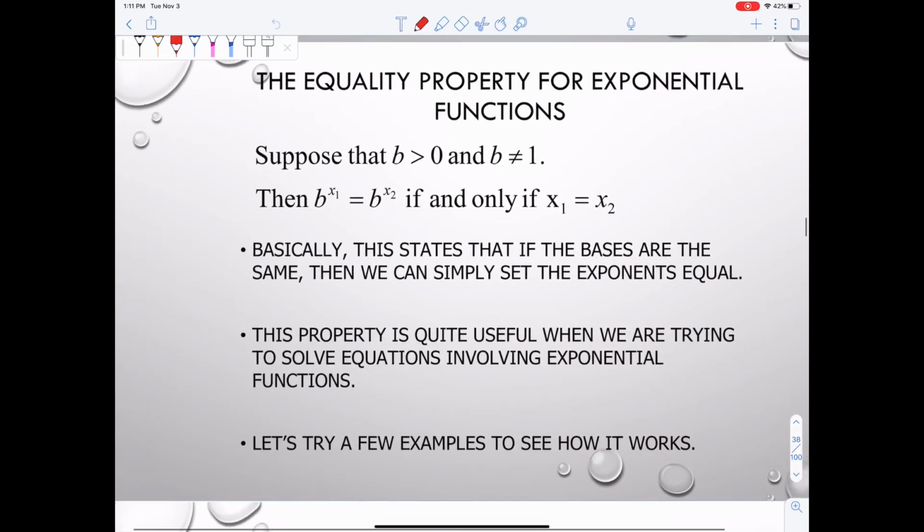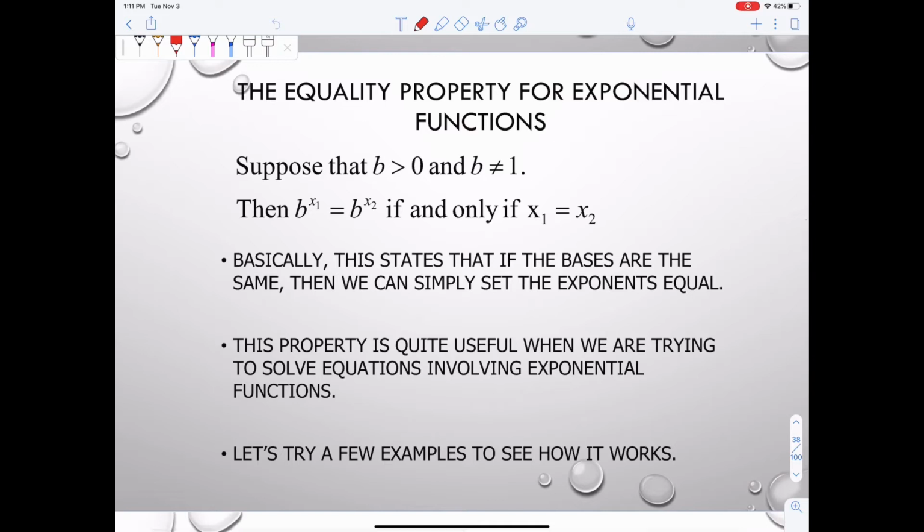The equality property for exponential functions states that if I have two exponential functions, b to the x sub 1 and b to the x sub 2, or b to the x equals b to the y, the bases must be equal to one another here. So if I have b to the x equals b to the y, this happens if and only if x equals y. So those two exponents equal one another.